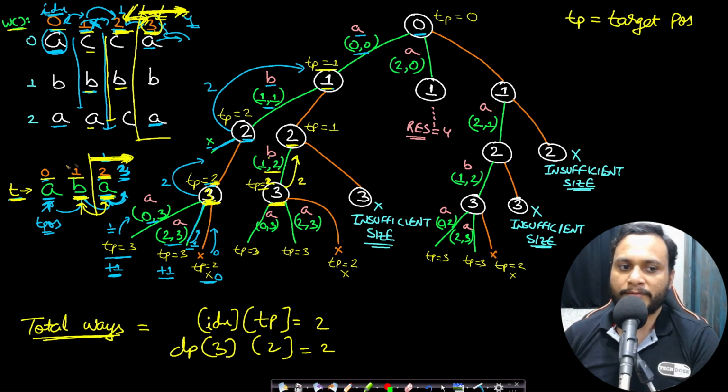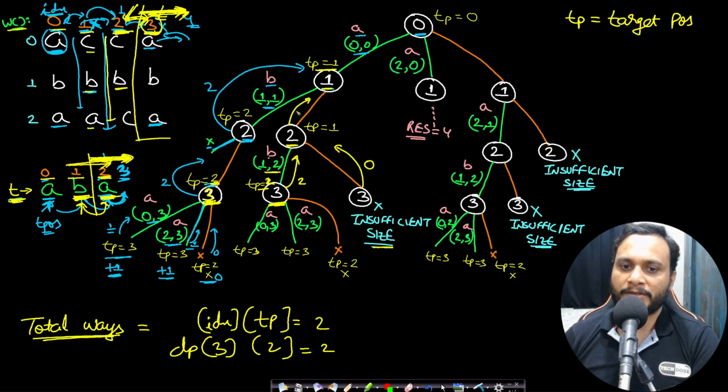But now you have to match 2 characters, B and A. For matching 2 characters, at least you need 2 columns, because you cannot match 2 target characters from the same column, isn't it? So this is insufficient size, right? If the T position is defining that you have more characters left than the number of columns, then I will say that we do not have sufficient size to match, so don't bother about matching and let's return a value 0 from here, right?